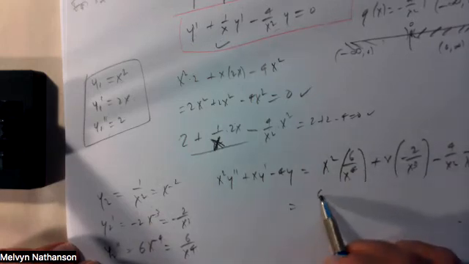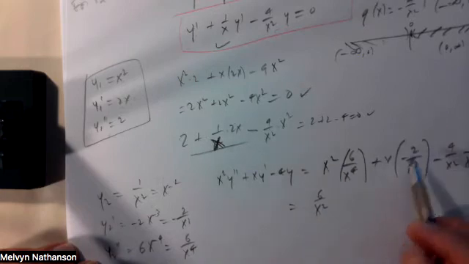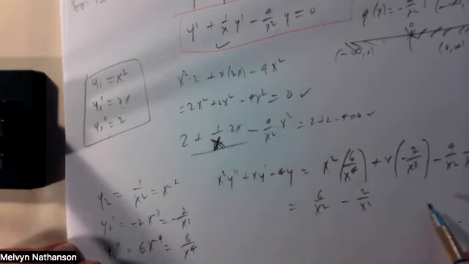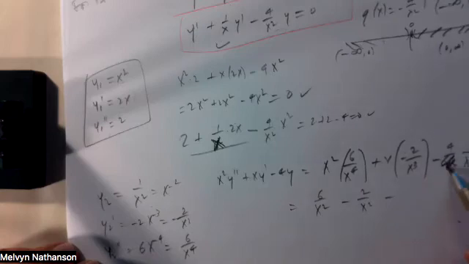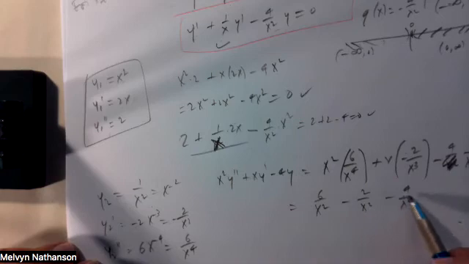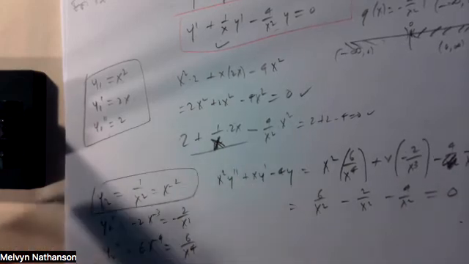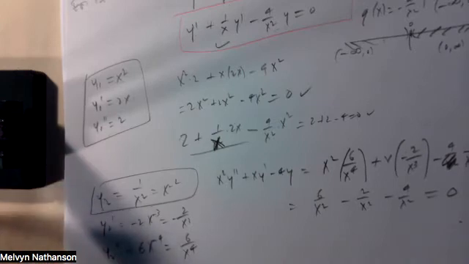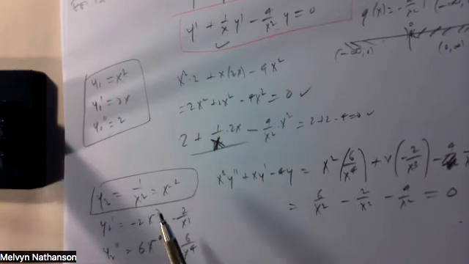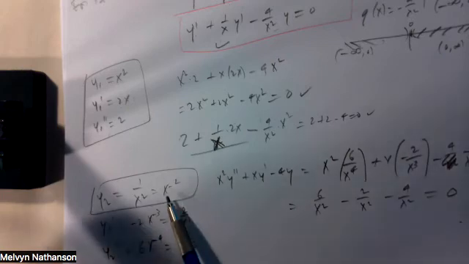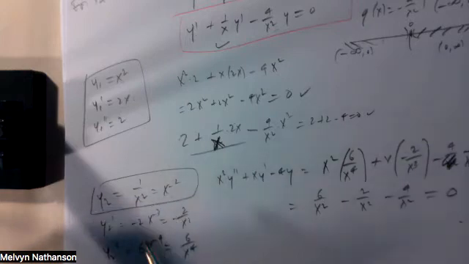So this is 6 over x squared minus 2 over x squared minus 4 over x squared. 6 minus 2 minus 4 is 0. So this is also a solution of the differential equation. And this function is defined either from 0 to infinity or from minus infinity to 0, but not at 0.